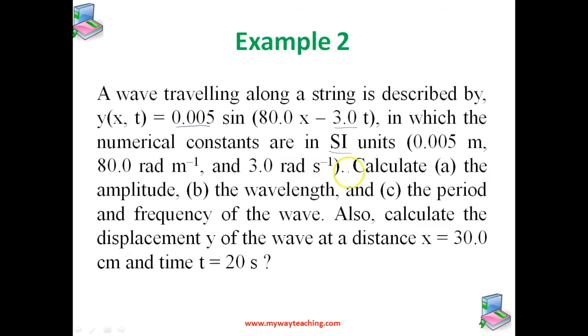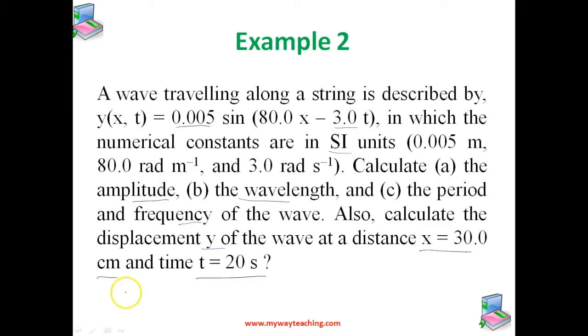So in this problem, we must calculate first amplitude, second the wavelength, and third the period and frequency of the wave, and also calculate the displacement y of the wave at a distance x is equal to 30 centimeter and t is equal to 20 second.